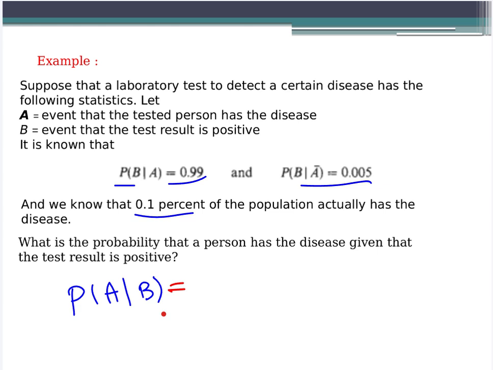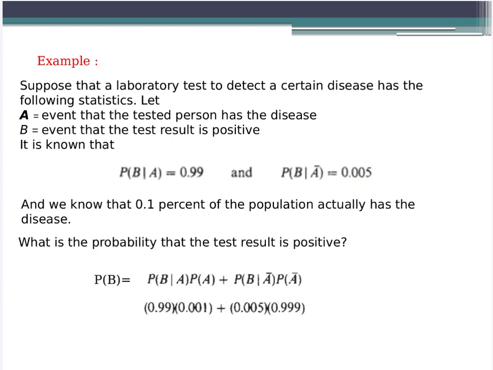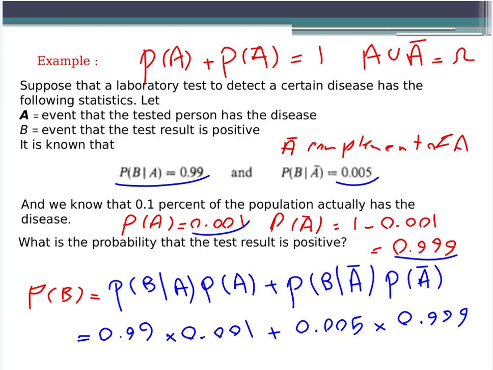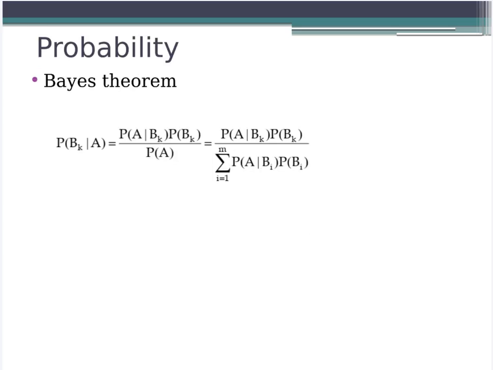So here we have the probability of A given B is equal to... What's Bayes' theorem? Bayes' theorem is like this. So we should use this formula.